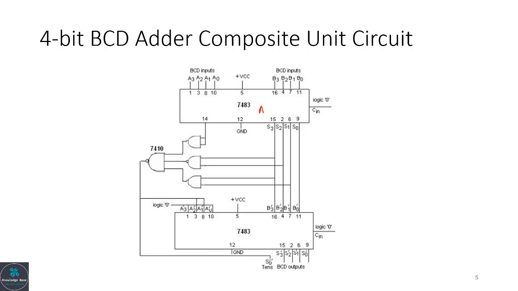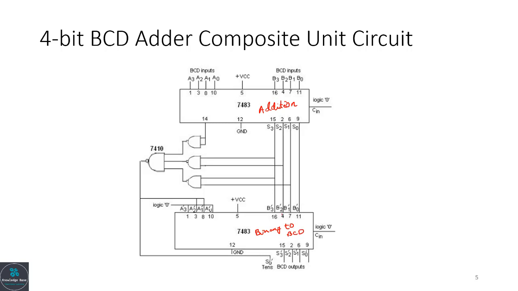Remember, A and B have a restriction: both values cannot be greater than 9, the range is from 0 to 9. The second 7483 is actually converting the result from binary to BCD. How it is converting that result from binary to BCD will be discussed.